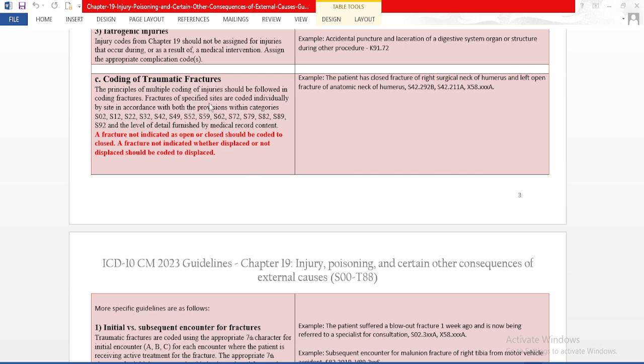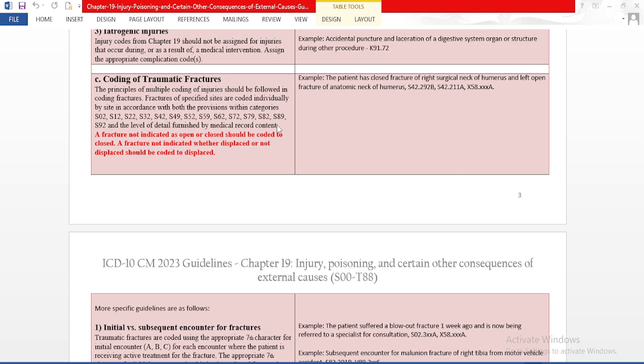So fractures of specified sites are coded individually by site in accordance with the provisions within the categories S02 to S92 and the level of detail furnished by the medical record content. So we need to check whether the patient has a single fracture or multiple fractures, at the same site or different sites. If the patient has different fractures at different sites, we need to code multiple fractures using the different sites.